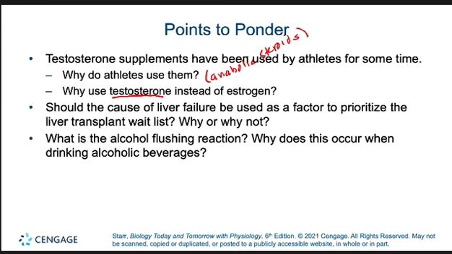All right. The cause of liver failure. Why does liver fail? Well, a blanket term is hepatitis. But that's a blanket term meaning inflammation of the liver.